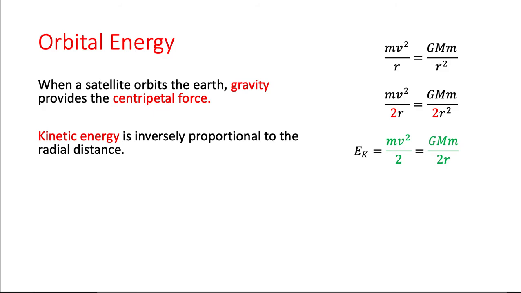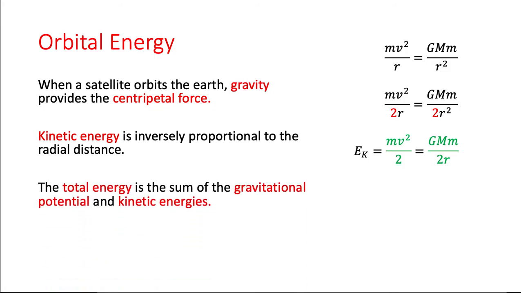So if we're wanting to calculate kinetic energy, there's 2 ways we could do it. We could use mv squared and then divide by 2, or we could take GMm over 2r. And we're actually going to use that second expression in the rest of the derivation. We remember here that the total energy is the sum of the gravitational potential and the kinetic energies.